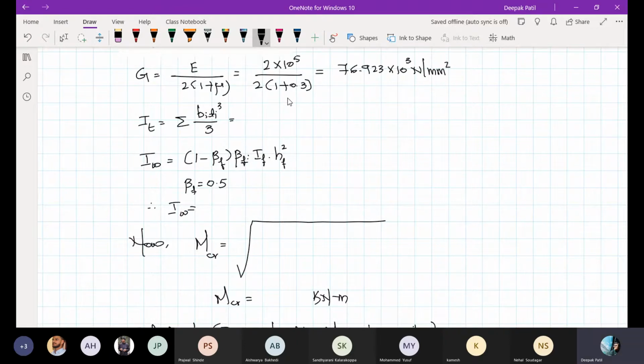Then I have to calculate the torsional constant, that is b t cube divided by 3. And I told you how you have to calculate.